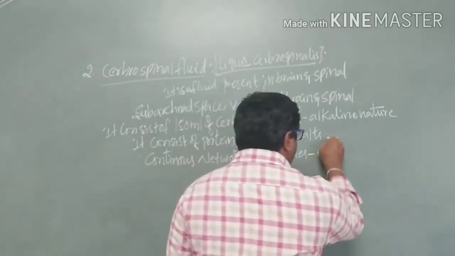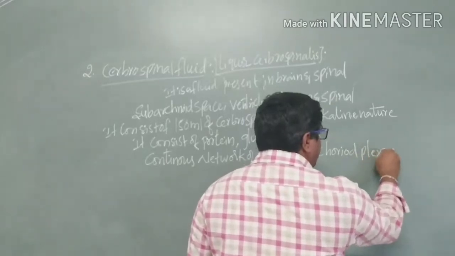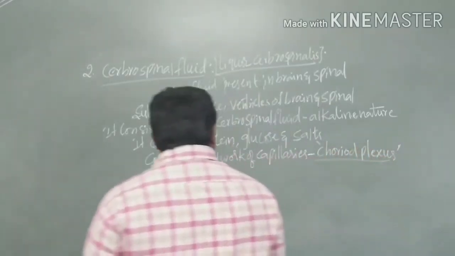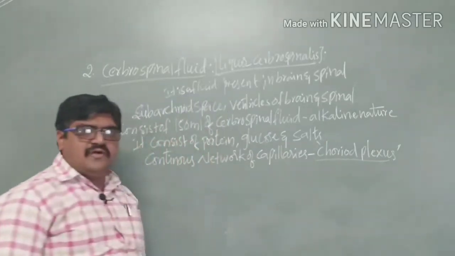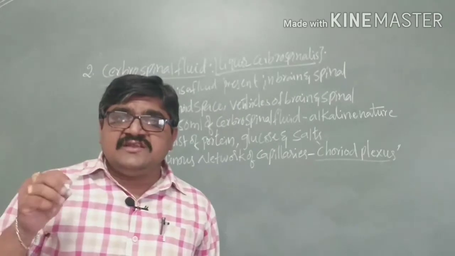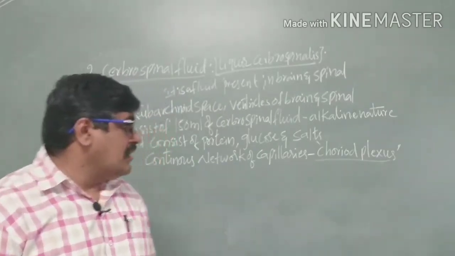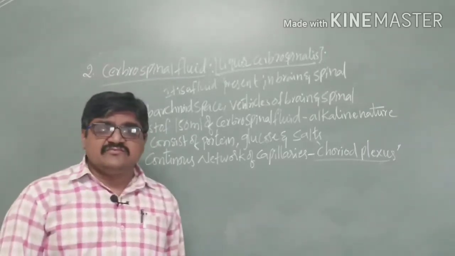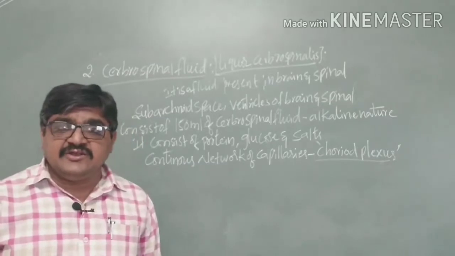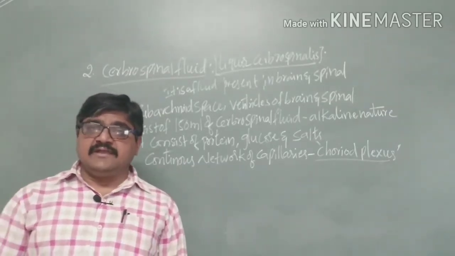They are called the choroid plexus. What does the choroid plexus mean? It consists of a continuous network of capillaries which arise from the subarachnoid space into the ventricles of the brain and spinal cord.